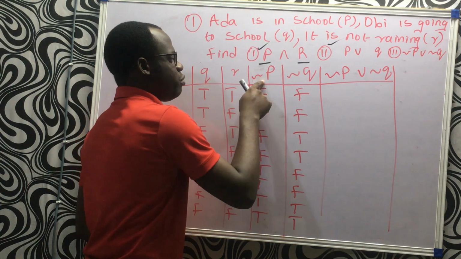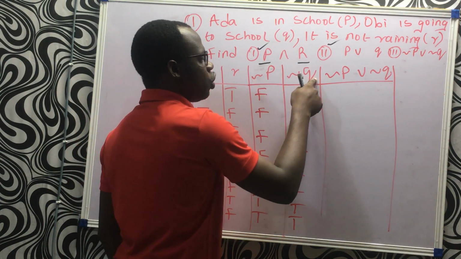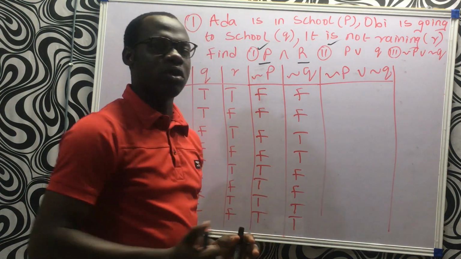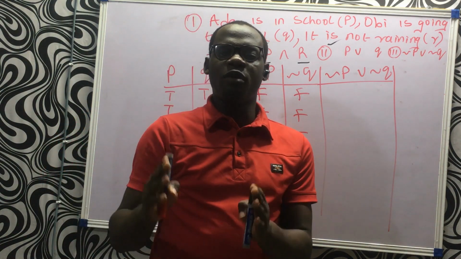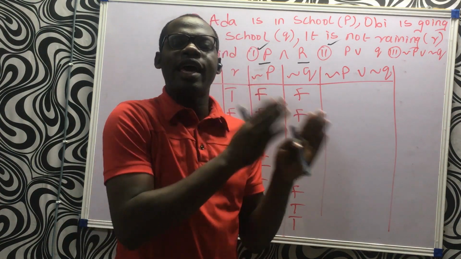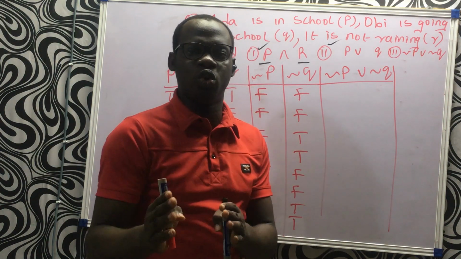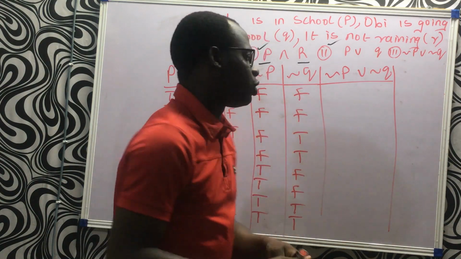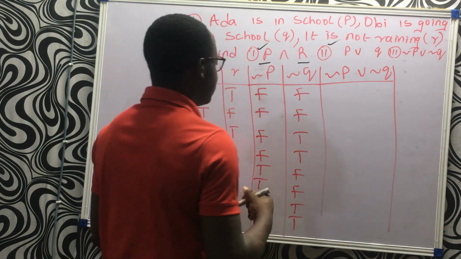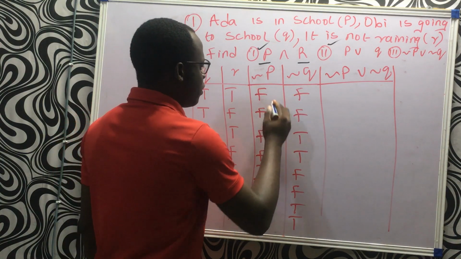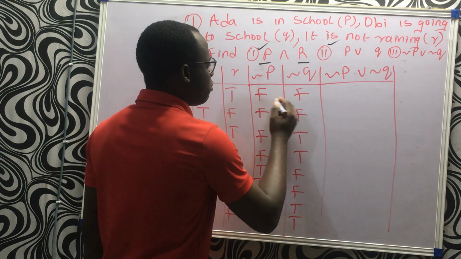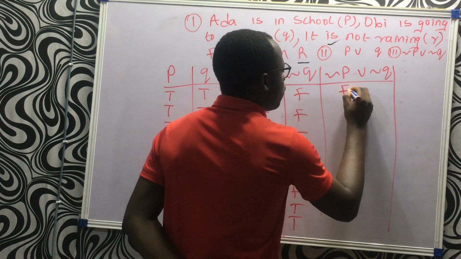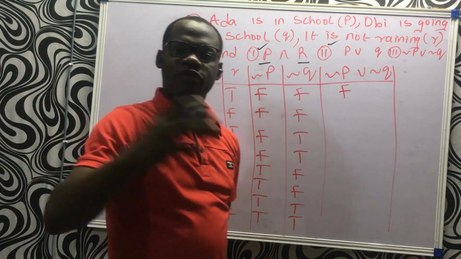Remember, I said the law for OR says that the output becomes true only when any of the inputs is true. Or you can also use the law of addition to solve that. Now, at this point, none of the inputs is true, so the output definitely becomes false.